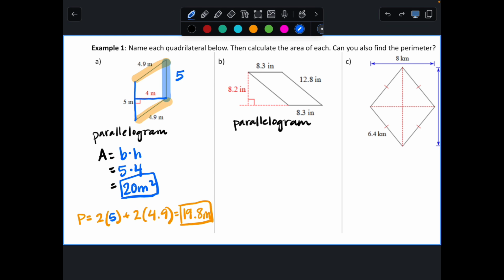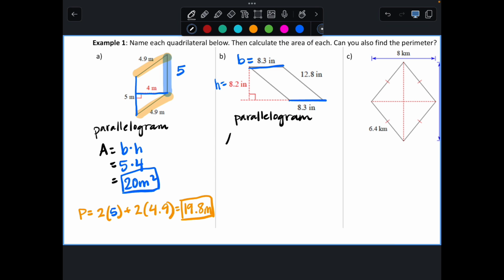Which means that either one of these could be used as the base. 8.3. Okay, and I'm going to round to the nearest tenth, so 68.1, oops, it's inches squared.